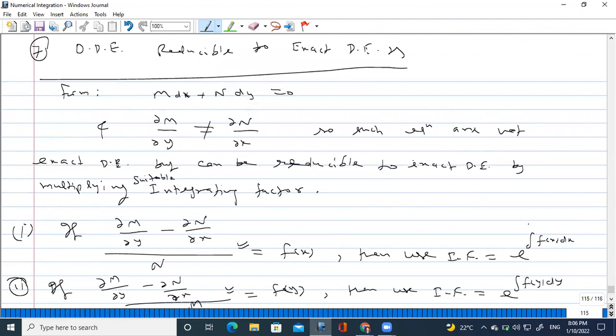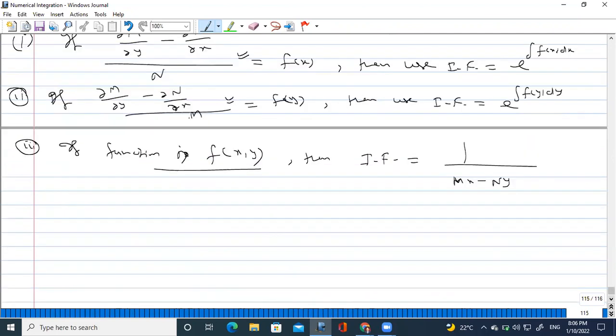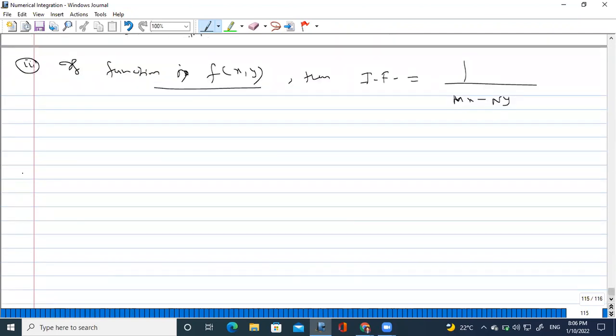This is done now. Yes, sir. Okay, so you can note down this line also, then we will solve one problem. This is the question, you have to solve it.